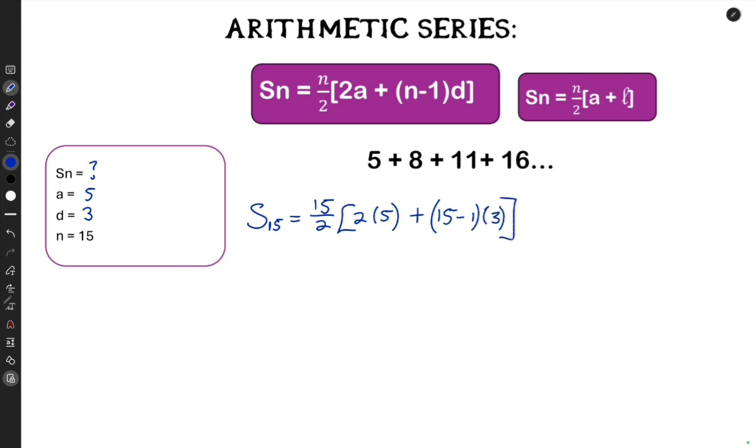Now you are in grade 12, so you can just sub into the formula and then use your calculator to get the answer. They're not going to give you marks for each step in between. By using the calculator, I can see that this answer is 390. That's what they wanted. If I add the first 15 terms of this sequence, the answer will be 390.